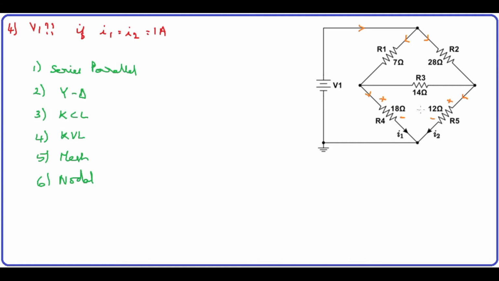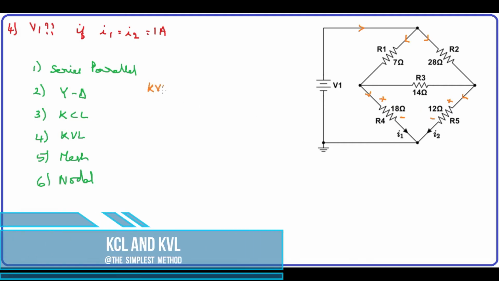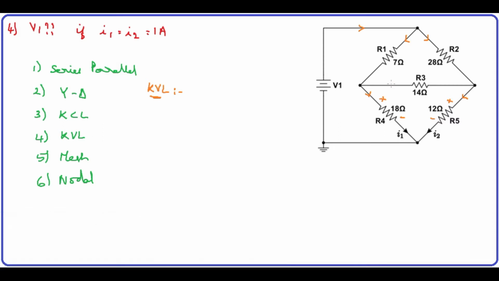Here I want to use Kirchhoff's voltage law. According to Kirchhoff's voltage law, now I am trying to write it. The current direction may be this side or maybe this side also. Let me fix the direction in this way, so that it will be plus and minus. This is my pure assumption.